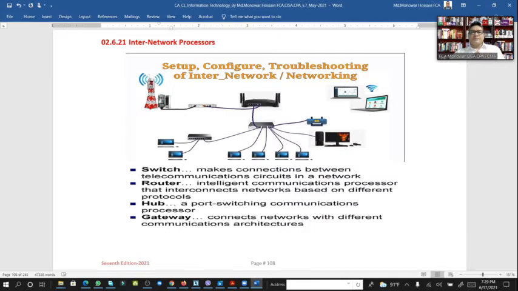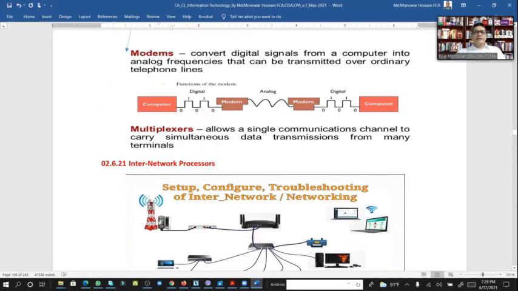A router is an intelligent communication processor that interconnects networks based on different protocols. And a hub is a port-switching communication processor. This way we can describe internetwork processors.